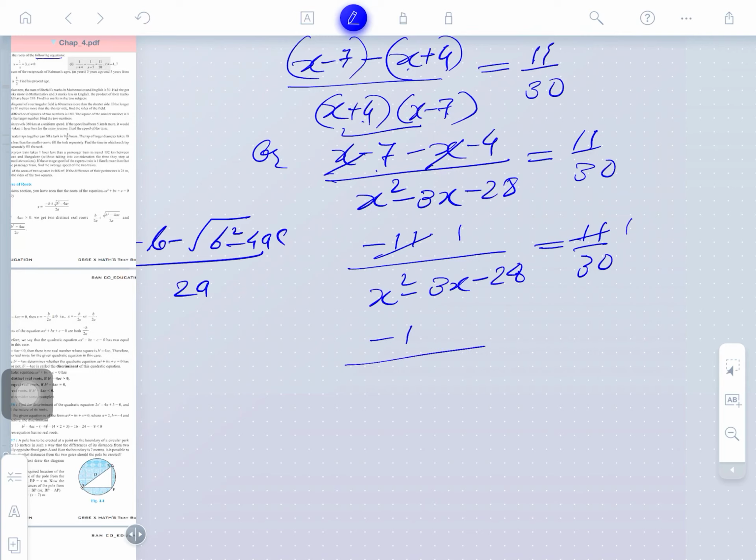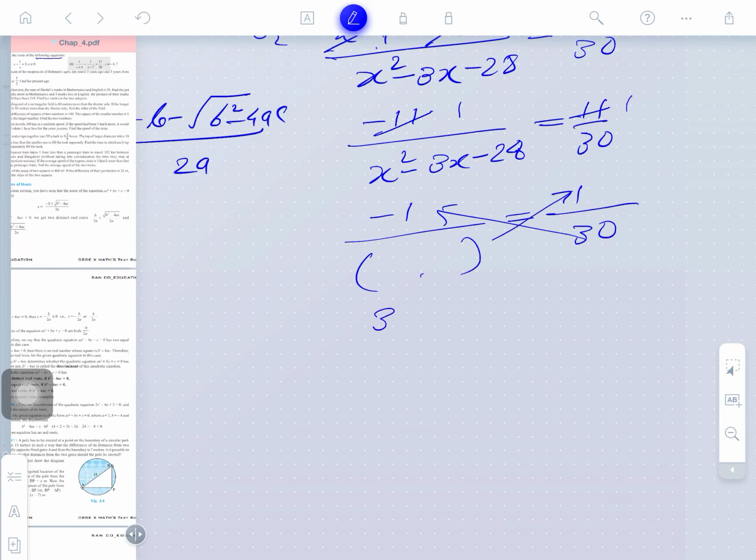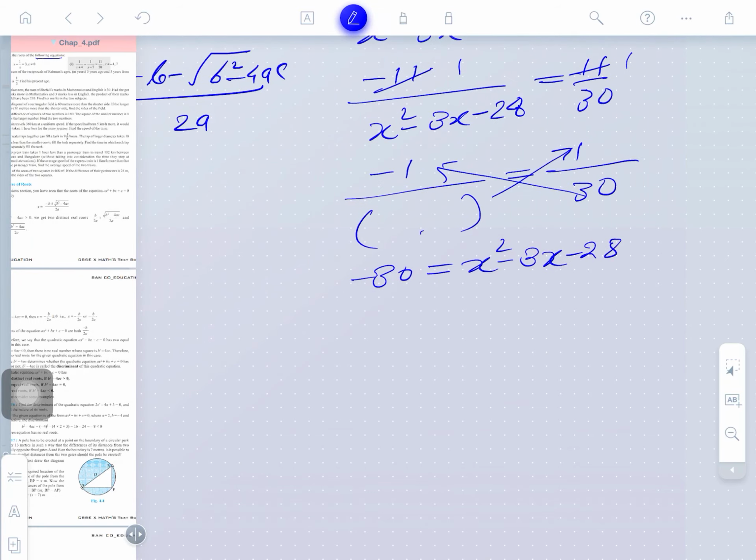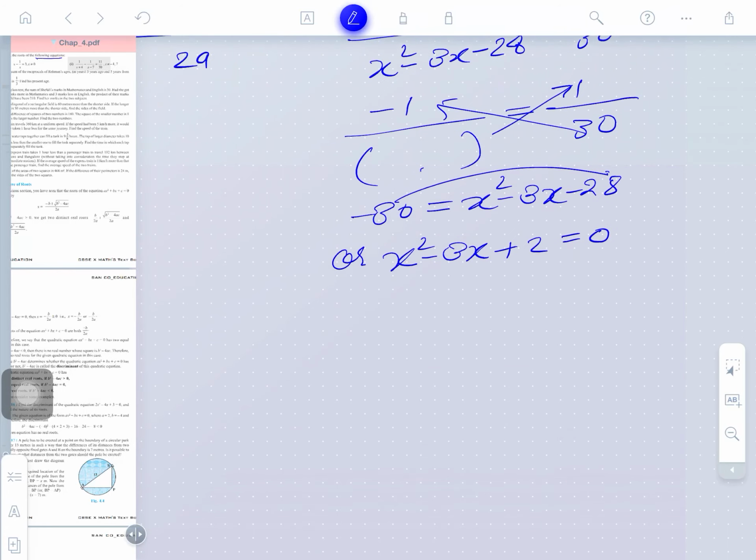So here it will be minus 1 divided by the same quantity, and 1 divided by 30. So by cross multiplication, minus 30 equals x square minus 3x minus 28. So here x square minus 3x, and this is to be transferred here, minus becomes plus, plus 2, equation equals 0. So the quadratic equation came here.